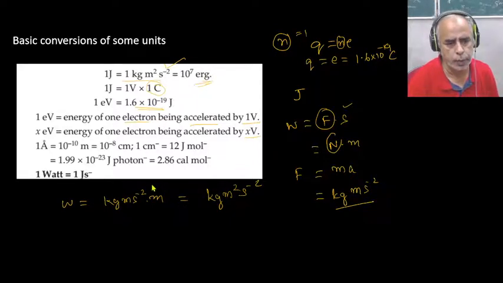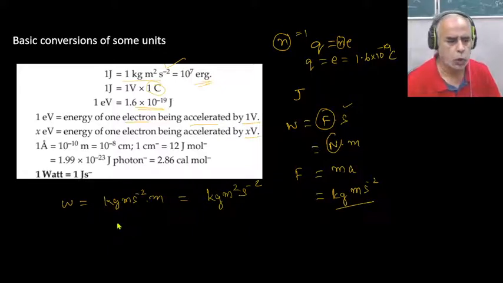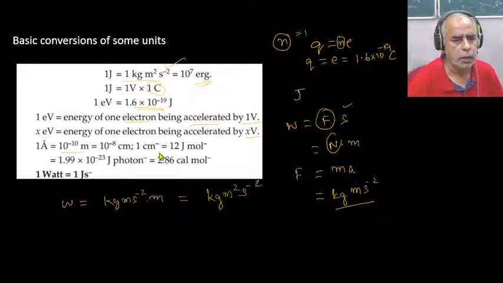Then when we talk about atomic structure, you should be aware of the bond length and all these things. So those things are represented in Angstrom. So 1 Angstrom is equal to 10 power minus 10 meter, and that is equal to 10 power minus 8 centimeter. 1 centimeter power minus 1 is equal to 12 joule per mole, okay.